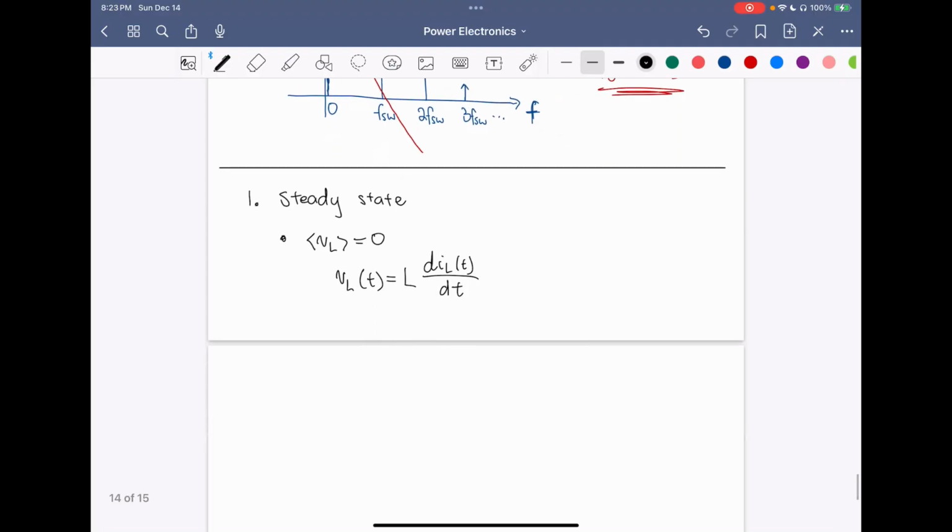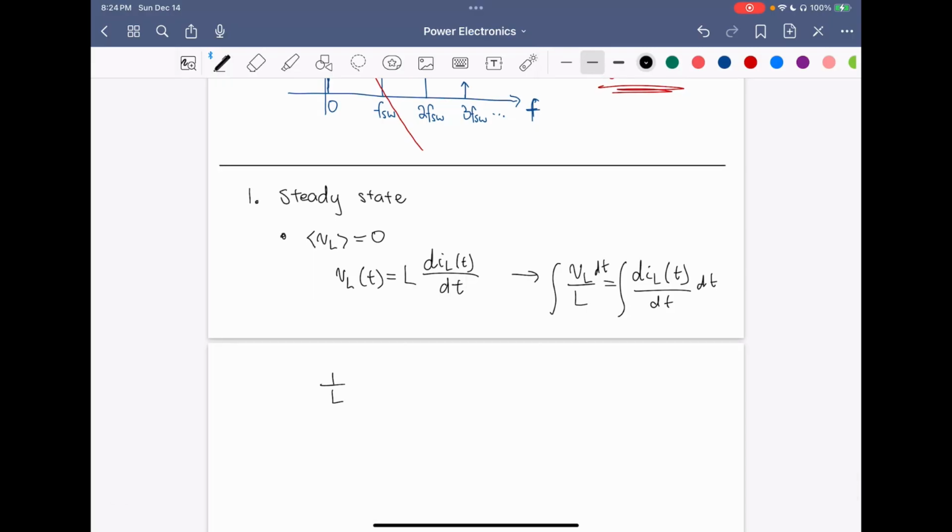Now, if we divide both sides by L and then integrate both sides over dt, this is going to give us 1 over L times the integral from 0 to T, because we're taking the integral over a period, of VL(t) dt, which is equal to IL(T) minus IL(0).